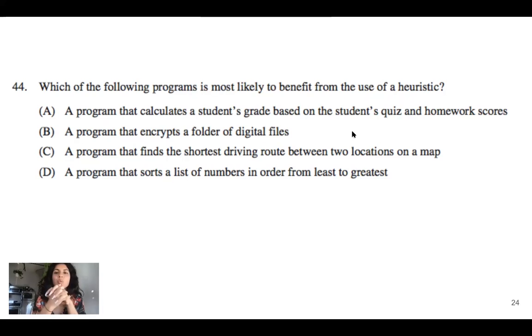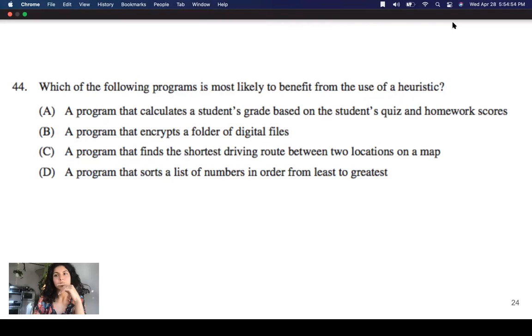Think about it. Which one of these would benefit from the use of a heuristic? Remember, a heuristic is an approximation algorithm. 10 more seconds.